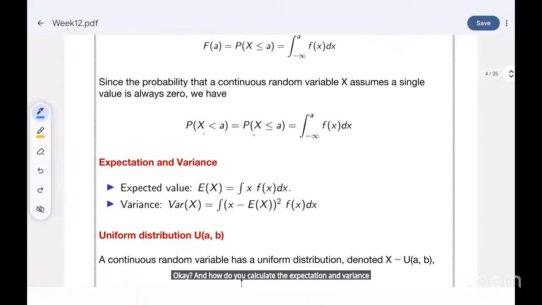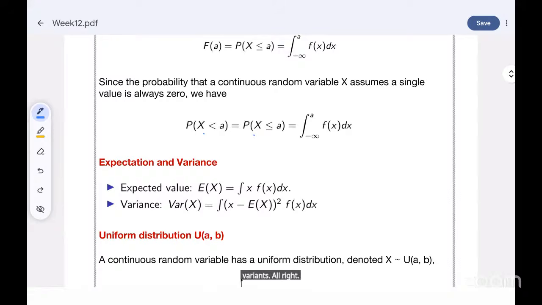The formula goes as follows. Expectation of x is the integral of x f of x dx, and variance is the integral of x minus expectation of x, whole squared, f of x dx. You can see some similarity between what we have seen in the discrete case and here.